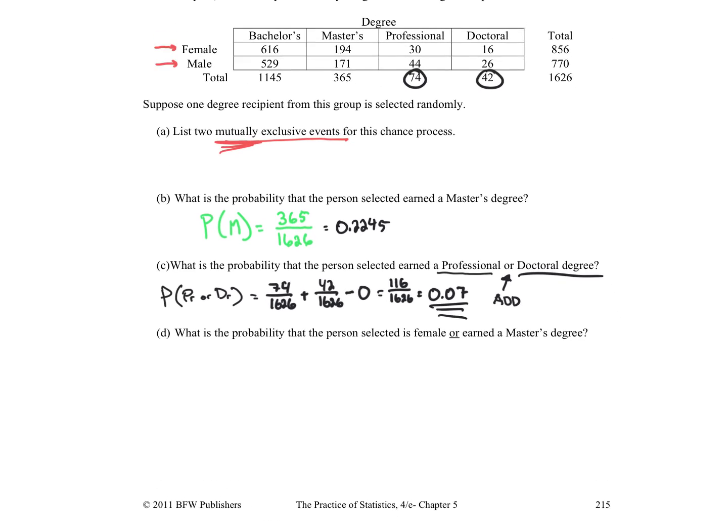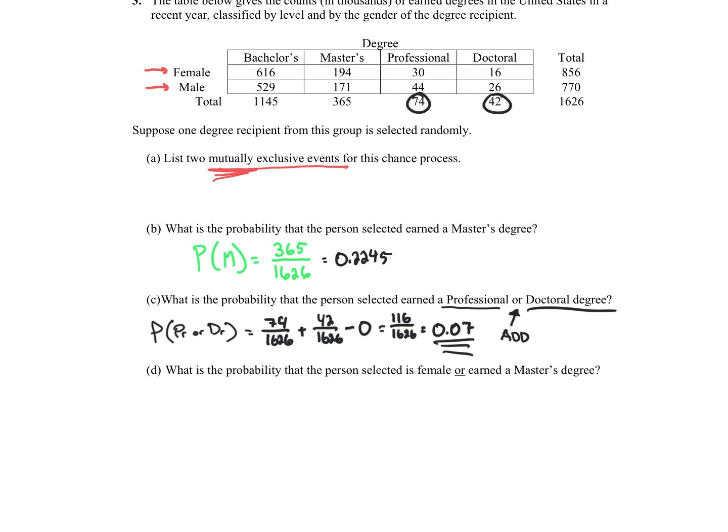Okay, here we go. What's the probability the person selected is female or earned a master's degree? Probability female or earned a master's degree. So probability being female, that's 856 out of the 1626 plus earned a master's degree. That's these people.